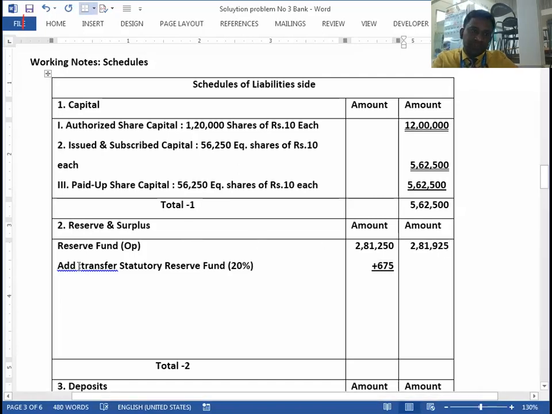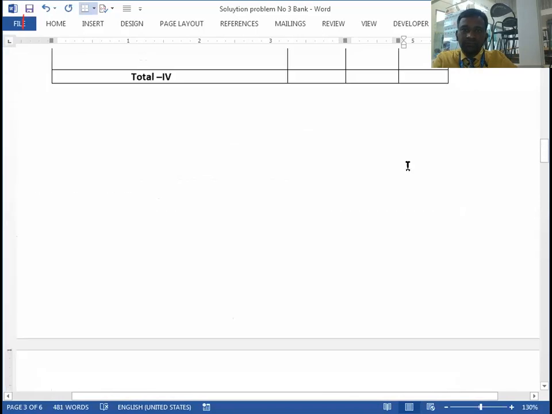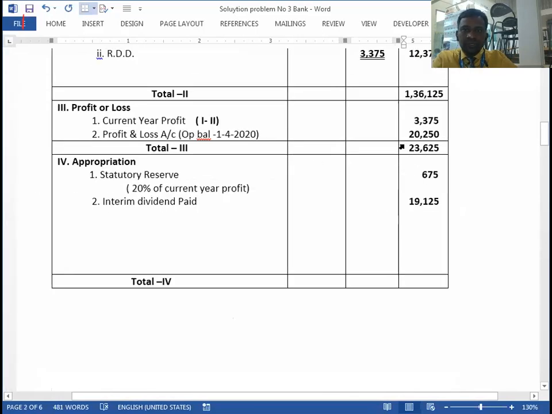Okay, and 23,625 is the total profit, and out of 23,625, this is the appropriation. That's why from 23,625 this is the total.